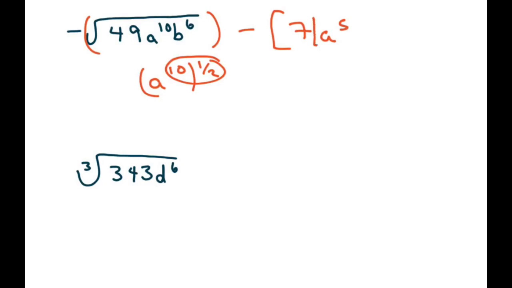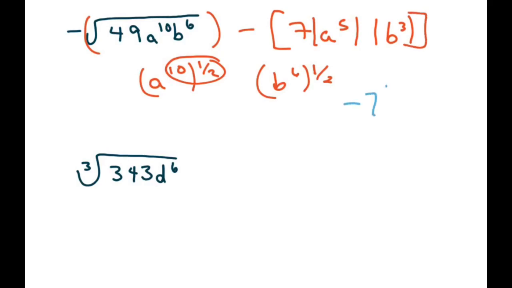The same thing is going to happen with b to the 6th to the 1/2. That's also going to be an absolute value because it's an odd power. So the best way to write this is -7 times the absolute value of a to the 5th, b cubed.